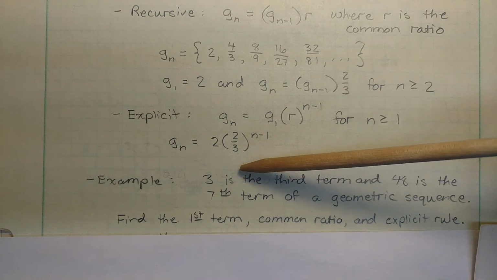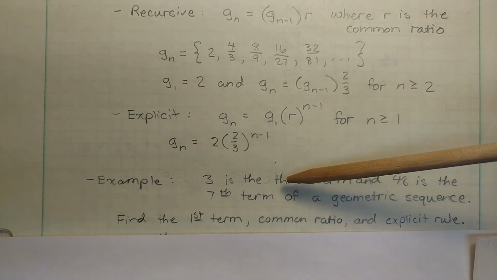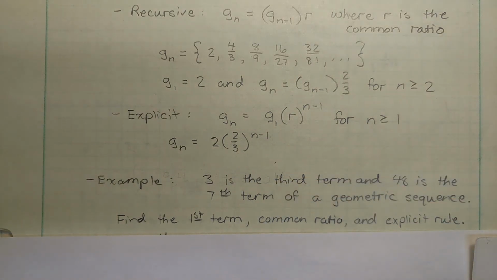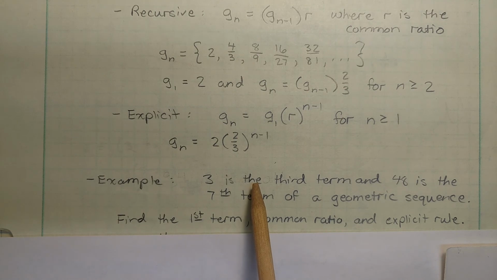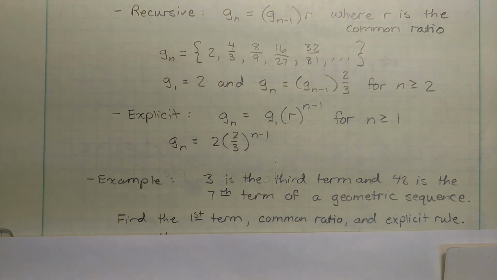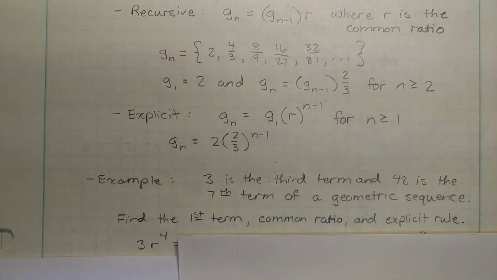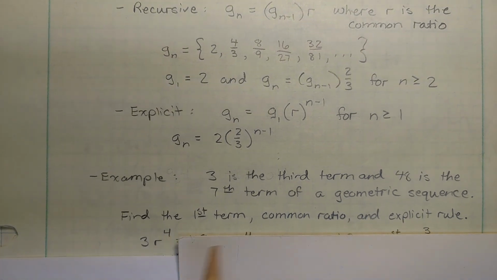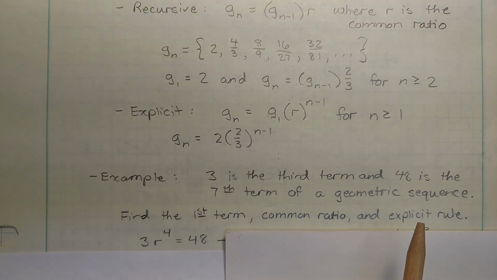So I actually have to go 4 steps to get from the third term to the seventh term. So that means that 3 times my common ratio to the 4th power would be 48. That's one way you can look at it.